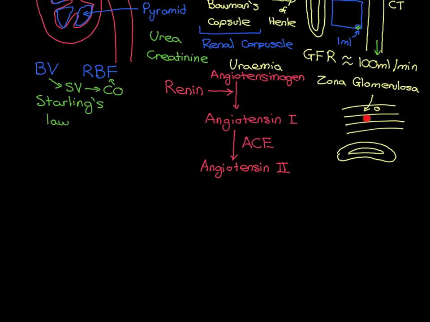Zona fasciculata produces the glucocorticoid cortisol, whilst the zona reticularis produces androgens after puberty. So androstenedione and dehydroepiandrosterone are the 2 major androgens secreted by the zona reticularis, and they are responsible for producing secondary sex characteristics in both men and girls.